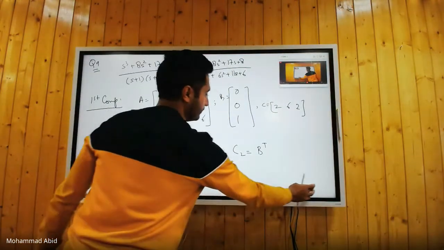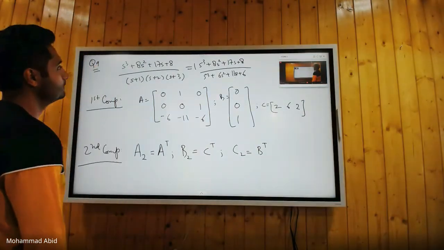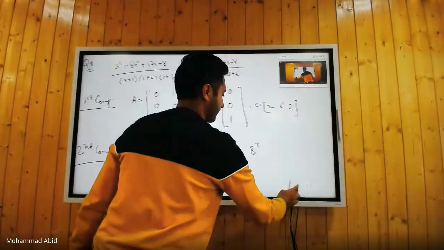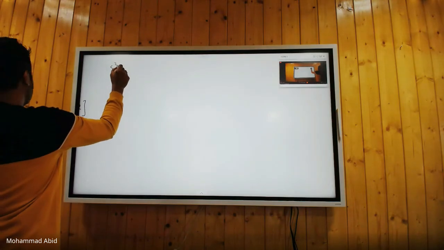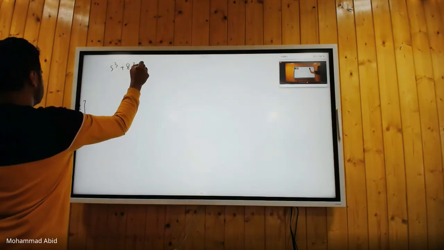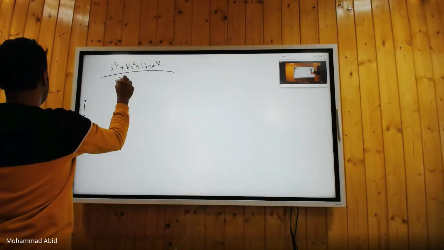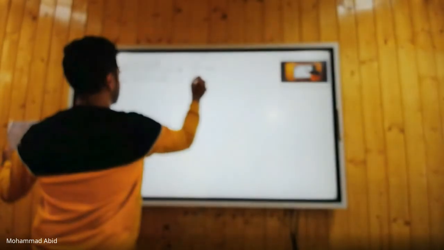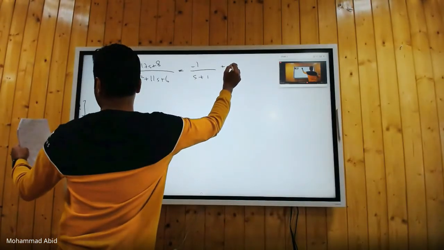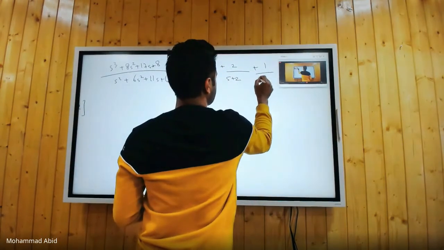Now the Jordan's canonical form. For Jordan's canonical form, you have to obtain what? You have to obtain the pole residue form. If you obtain the pole residue form, s cube plus 8s square plus 17s plus 8 divided by s cube plus 6s square plus 11s plus 6, it comes out to be minus 1 upon s plus 1 plus 2 upon s plus 2 plus 1 upon s plus 3.